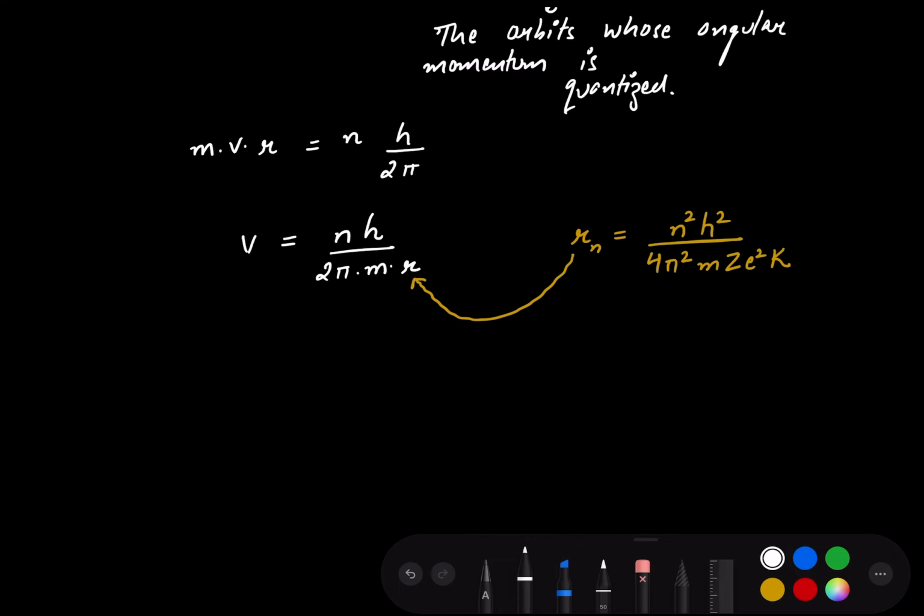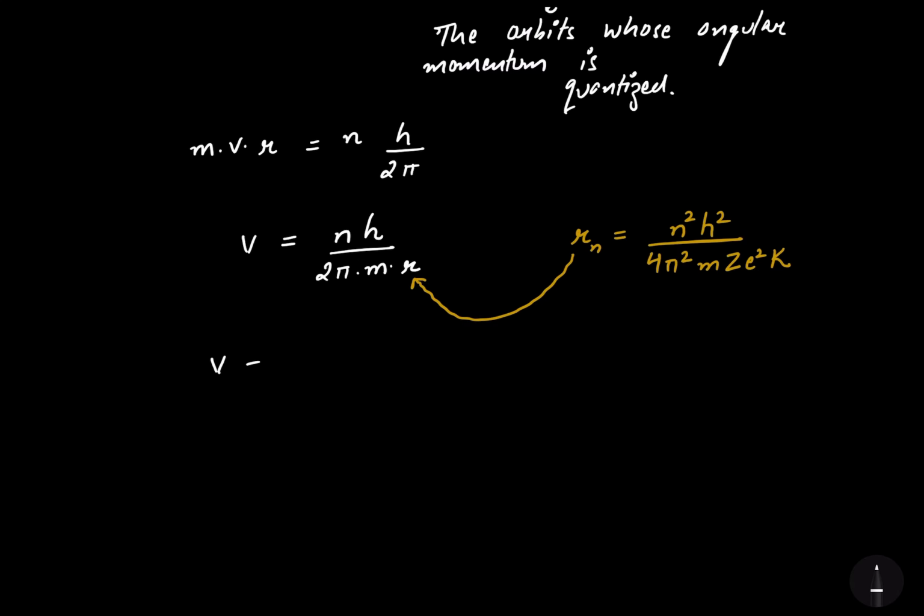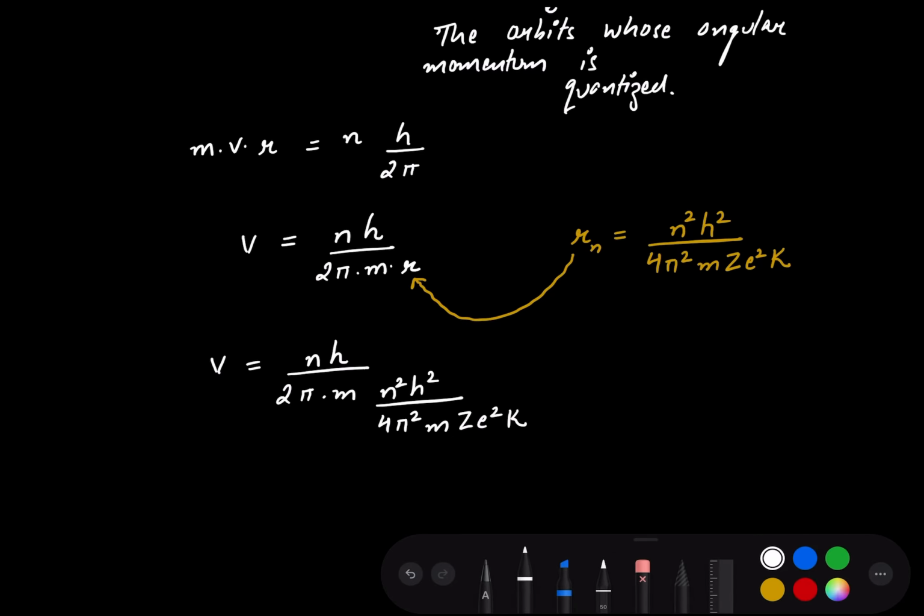So the velocity of electron v comes out to be n h divided by 2 pi m, multiplied by 4 pi square m z e square k divided by n square h square.